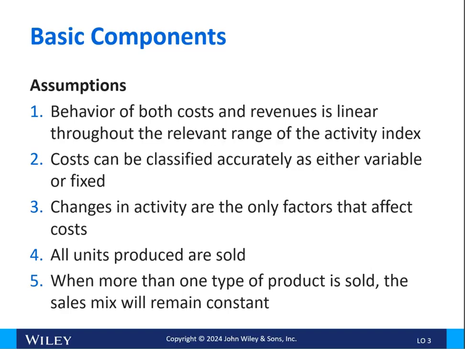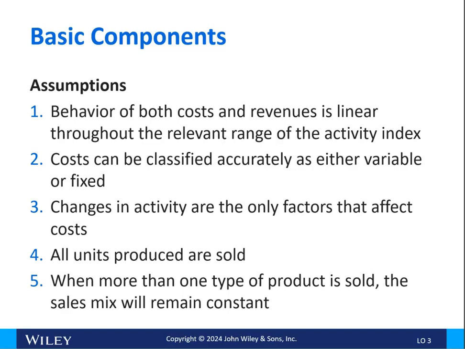And then here are the assumptions that we are going to use for doing this activity. Our behavior of both costs and revenues is linear throughout the relevant range of the activity index. Remember when we talked about relevant range, we have to assume that we have that linear relationship within that relevant range. Costs can be classified accurately as either variable or fixed.